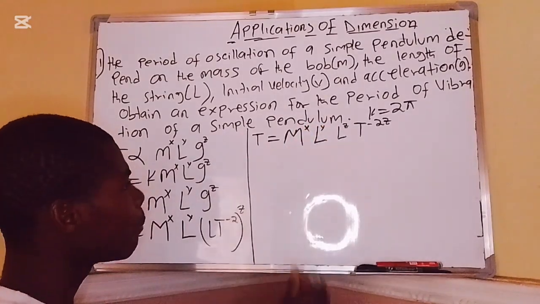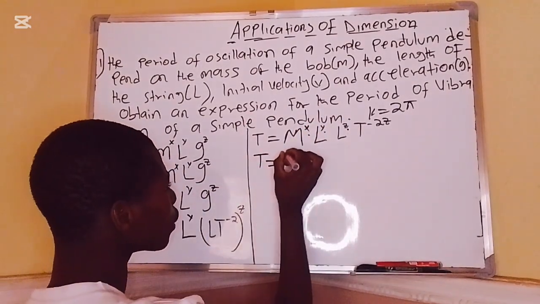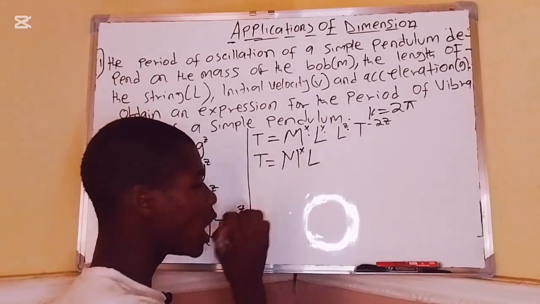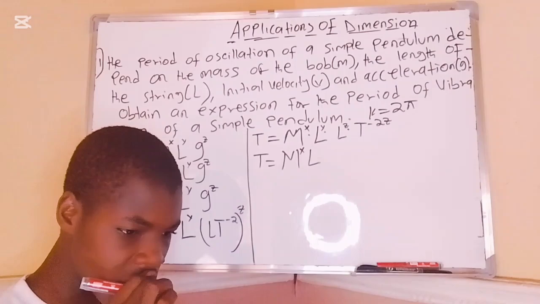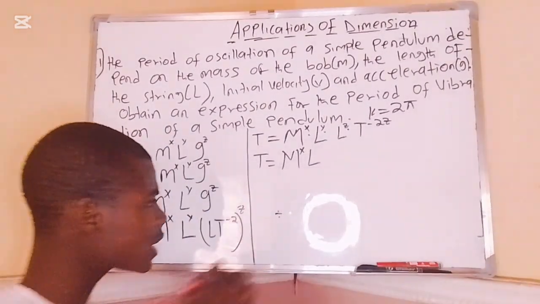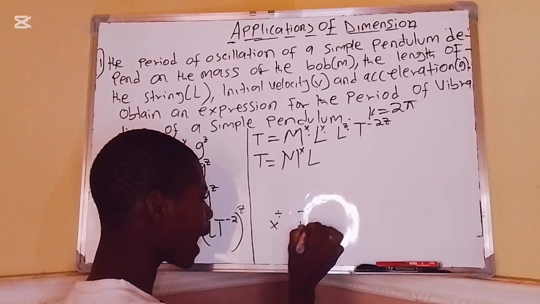The next thing is that I'm looking for the value of x, y, and z. But you all know this is multiplication. So T shall now be equal to M to the power of x. You all know that if we have division according to the laws of indices, we subtract. If we have multiplication, we add.